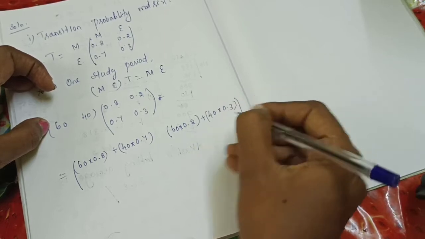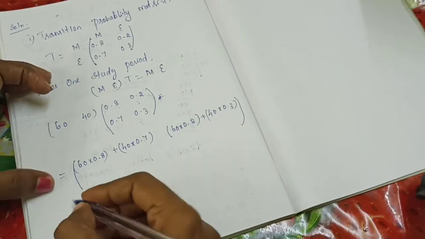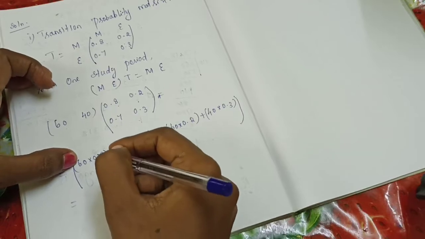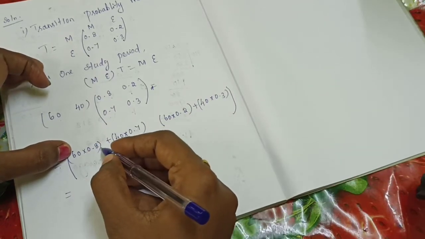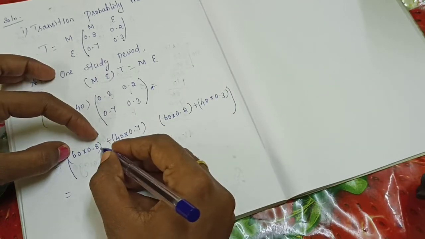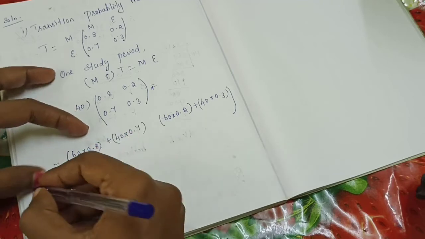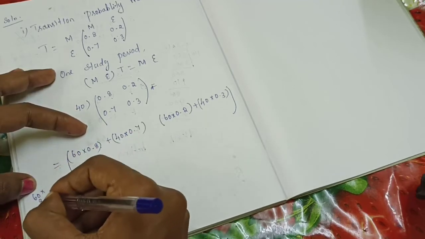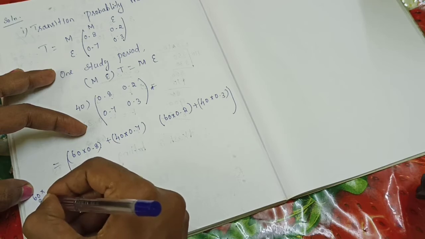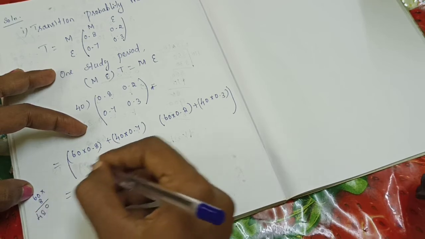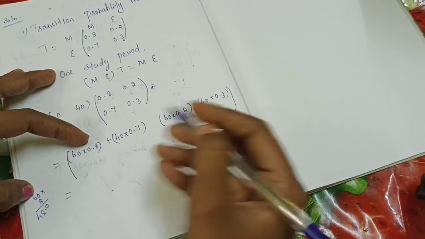So 60 into 0.8 means 60 into 8 you multiply. 6 into 8, how much will you get? Otherwise 60 into 8, 0, 6 8s are 48. One point is there, so 1 point you will put.